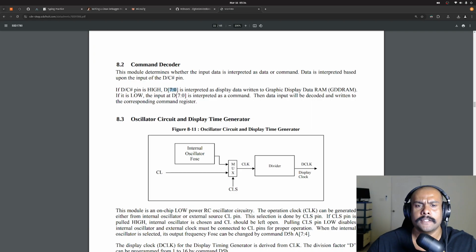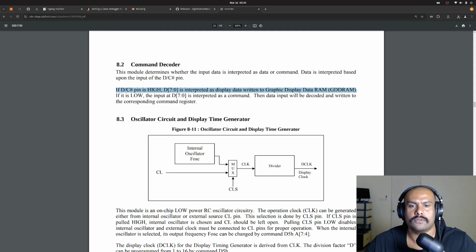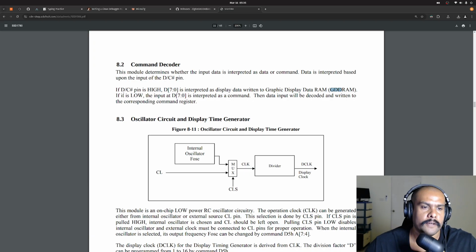Okay. So I mean, this seems important because that's what I want to do. I want to be able to write it to the graphic display data RAM. Oh, graphic display data. That's what it was. Okay. If it is low, this bit is interpreted as command. Okay.